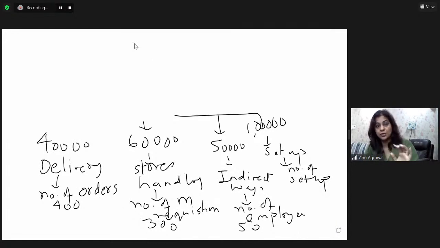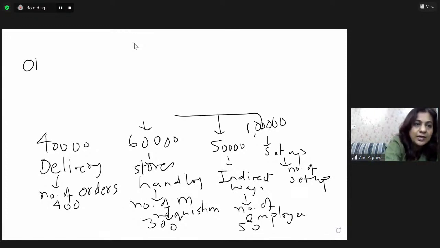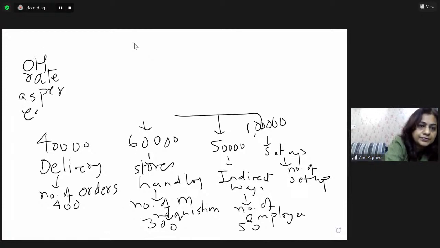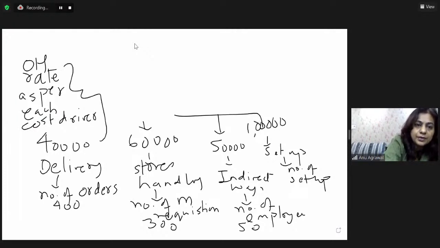We should find out the cost as per each of these cost drivers. So I'd find out an overhead rate as per each cost driver. For delivery, how much will it be? It will be 40,000 divided by 400. It gives me 100 per order.